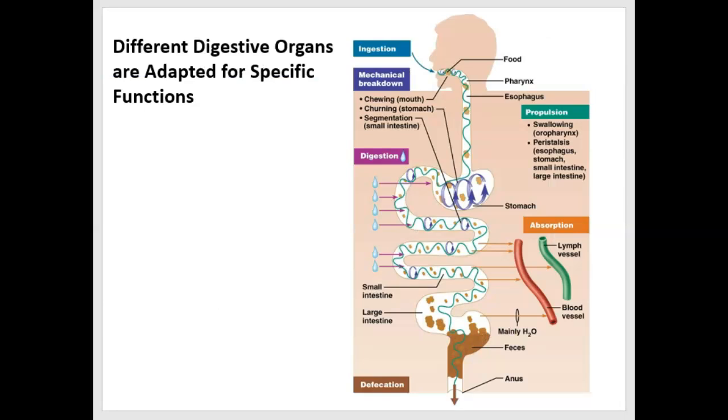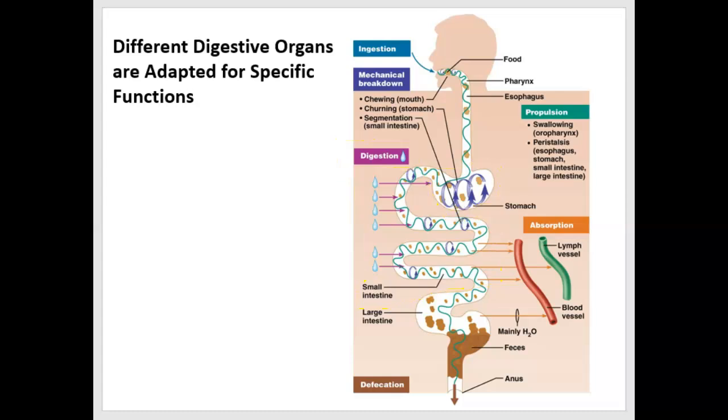So note that chemical digestion occurs almost completely, not 100%, but almost completely in the small intestine, which is this region. There is some chemical digestion also in the stomach, proteins in particular.